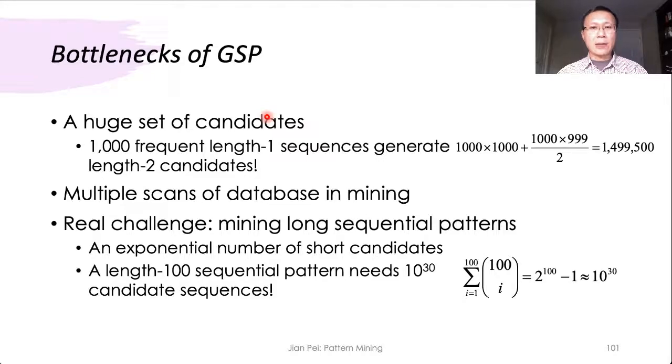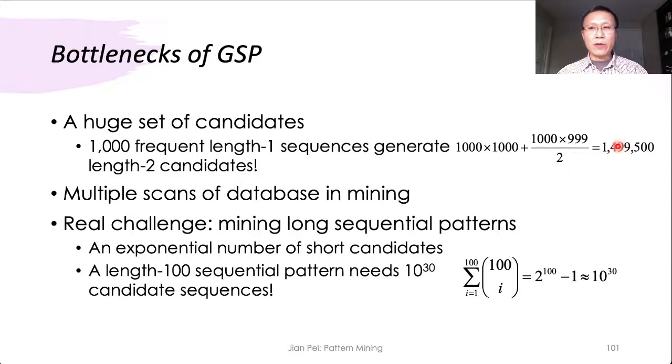But at the same time, there are still some bottlenecks of the GSP algorithm. First, in the GSP algorithm, we have to produce a huge set of candidates. If we have 1000 frequent length-1 sequential patterns, then we will generate 1000 times 1000 plus 1000 times 999 divided by 2, almost 1.5 million length-2 candidates.